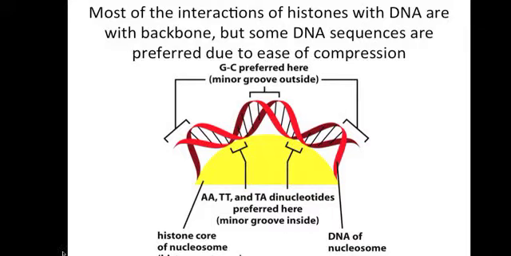Question about the DNA you were asking, right? About how the DNA structure is affected by wrapping around? And actually, they had a nice thing in the textbook about this. Though most of the interactions are with the backbone of the DNA, there are some bases in the minor groove, and we'll talk more about the minor groove, but that's this small groove there, that are preferred because it can compact more easily and maintain its structure.